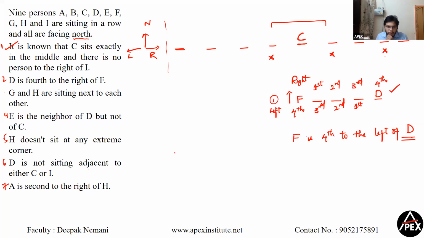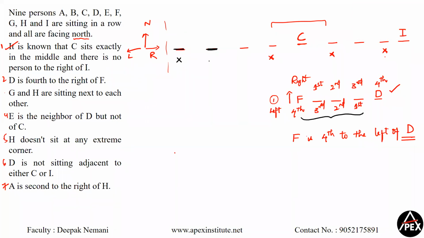Now I have a question for you guys. Can we have D here? No. Can we have D at the extreme left end? No, sir. Because there should be a minimum of 4 places to the left of D. Can we have D here?